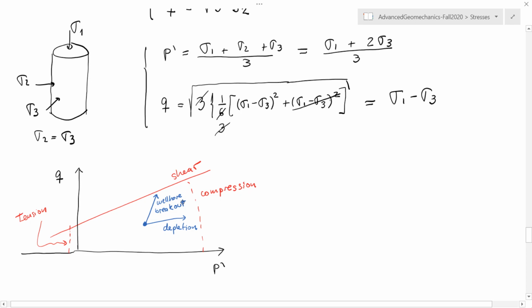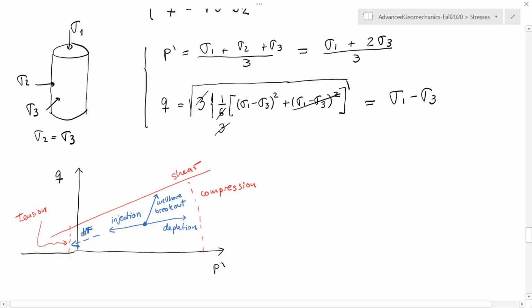If we had injection of a fluid in a reservoir under 1D strain conditions, we're going to see that this is going to be the stress path. And also, if at a particular site, on the tip, for example, of a hydraulic fracture, we could also see that the stress path is towards tension.